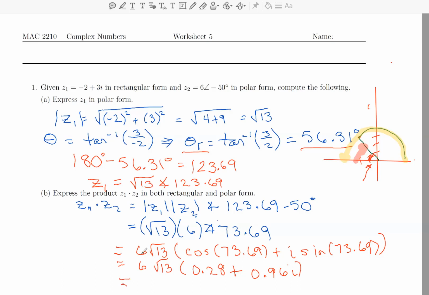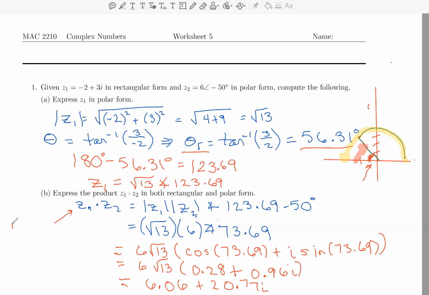Then if I want to finish it off by distributing the 6 times the square root of 13, I would get 6.06 plus 20.77i.